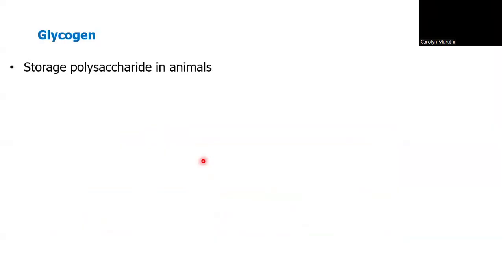Glycogen, this is a storage polysaccharide in animals. Remember, we have said that starch is a storage form of glucose in plants, and glycogen is a storage form of glucose in animals. We see that mammals prefer glycogen as a storage form of glucose.